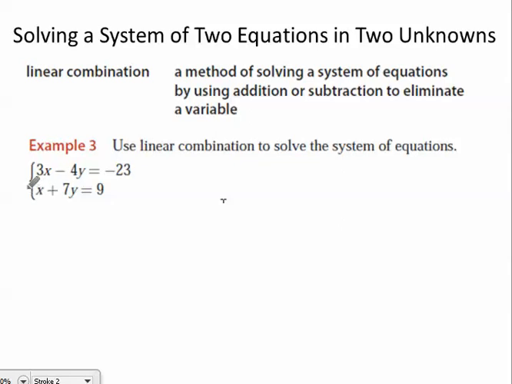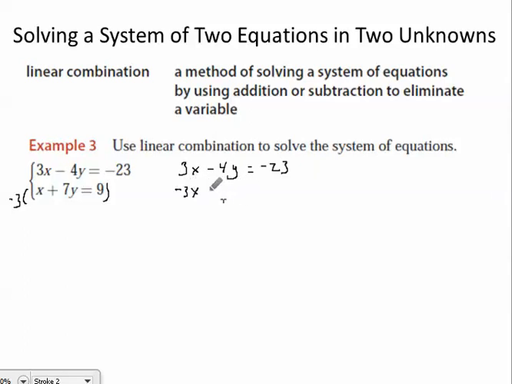So I'm going to multiply this second one down here times a negative 3. Why? Because if I leave the first one alone, 3x minus 4y equals negative 23. Multiply the second one times negative 3, I get negative 3x.